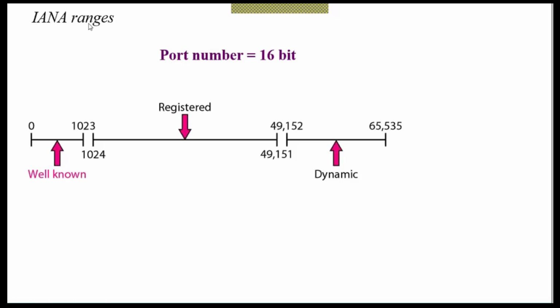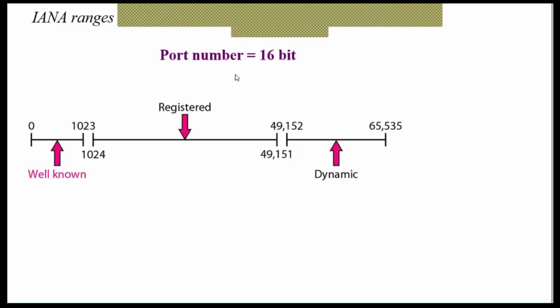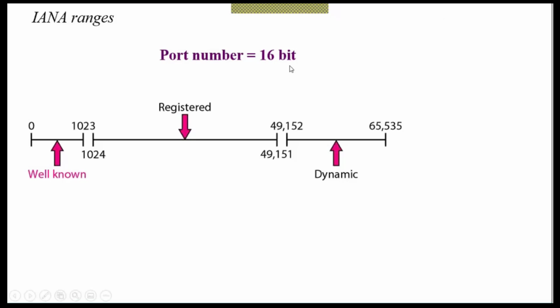Now, very important thing, friends: the length of the port address field is 16 bits. That means you can give a port address using 16 bits. If I have 16 bits, what is the minimum value possible? If I set all the 16 bits to 0, I will get 0 in decimal. And if I set all the 16 bits to 1, I will get 65535.